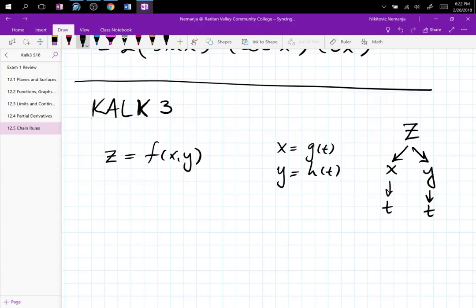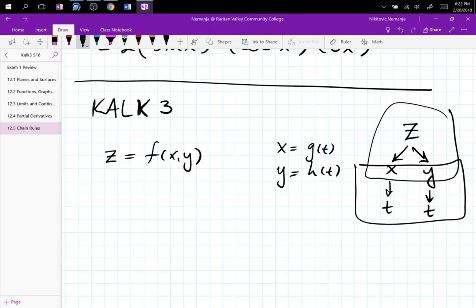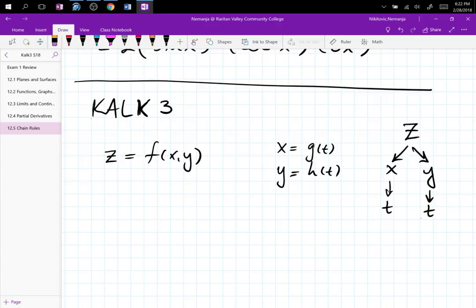So as you are looking at this tree diagram, you can see that t gives rise to x, gives rise to z, and also t gives rise to y, gives rise to z. Now both x and y together make z. And this is the part where Calculus 3 is. This is the part where Calculus 1 is, right? So there are two layers to this. Okay, so let me write the formula.